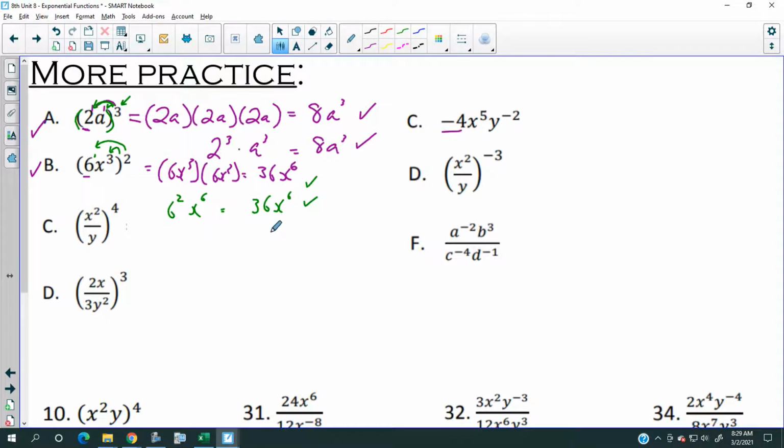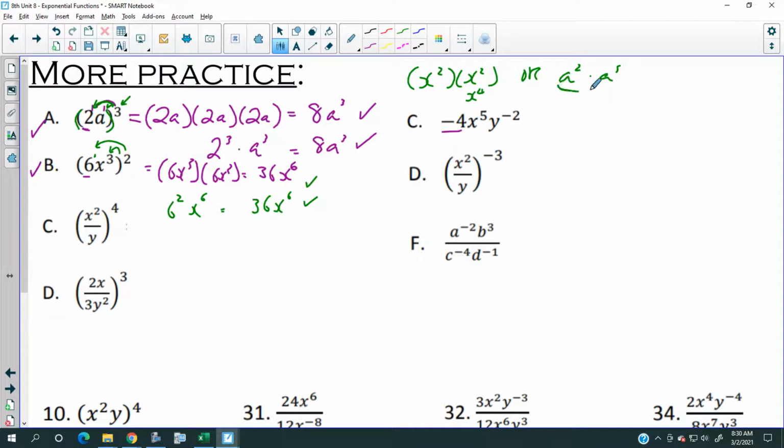So the question is, when do we add the exponents? If you see something like a to the second times a to the fifth, there's nothing outside the parentheses, so I'm just multiplying terms with the same base, which is the same thing as adding.